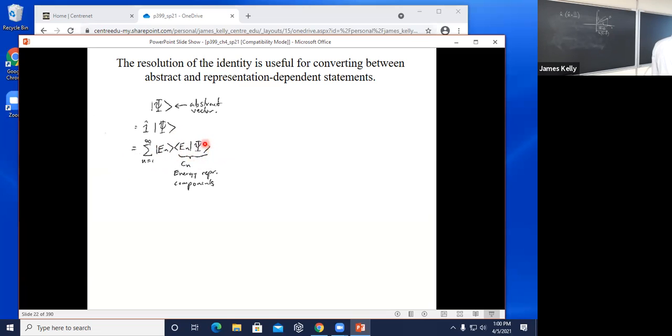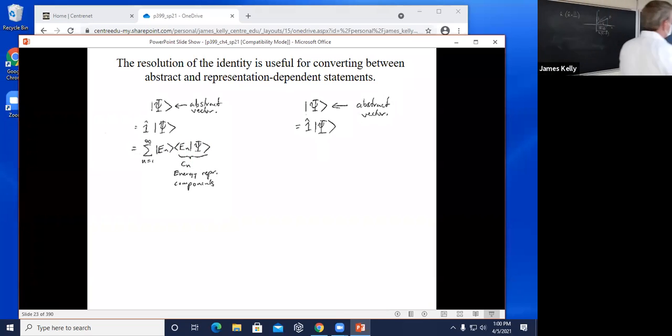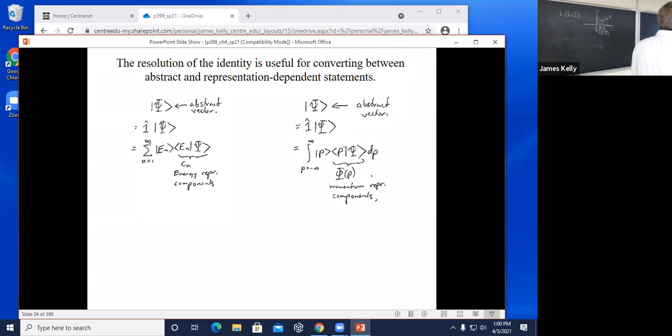If somebody gives me the position representation of this function, and I know the position representations of all these ENs, I can calculate the CNs. Similarly, in the continuous case, if we have an abstract vector and just write it as 1 times that, let me write a very particular form of 1, which is the resolution of the identity expanded in terms of momentum eigenvectors.